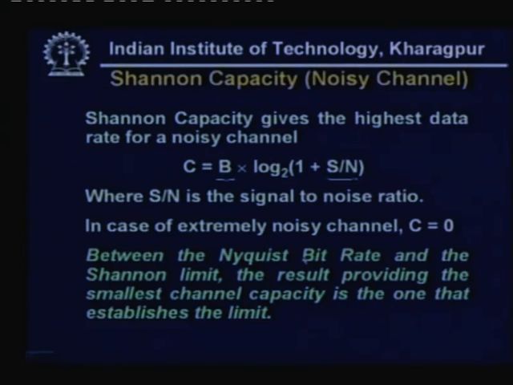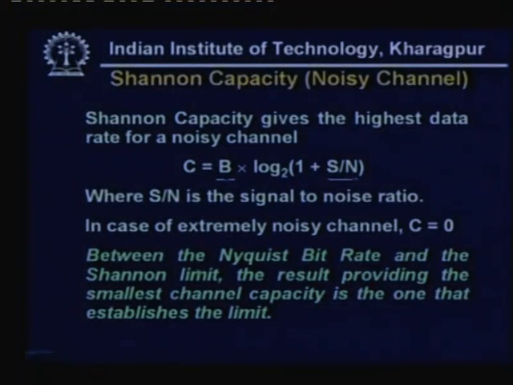Now we have two different parameters. One is the Nyquist bit rate, which gives us a channel capacity based on bandwidth and the number of levels that we use for encoding. Another is based on bandwidth and the signal to noise ratio.